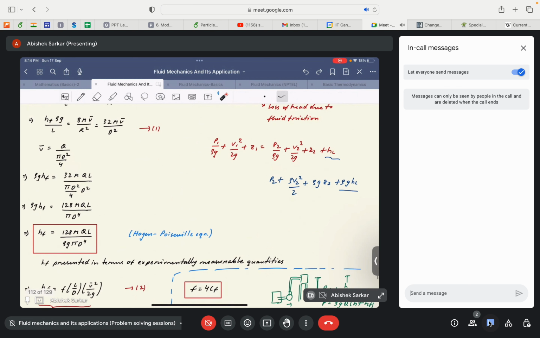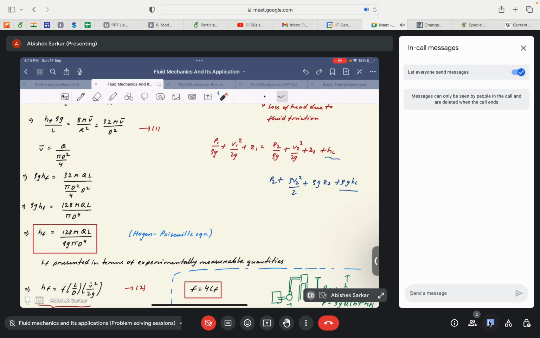So if we substitute that, we finally get rho g HF equal to 128 mu Q L by pi d to the power 4, or HF is equal to 128 mu Q L by rho g pi d to the power 4. This equation is also known as the Hagen-Poiseuille equation.